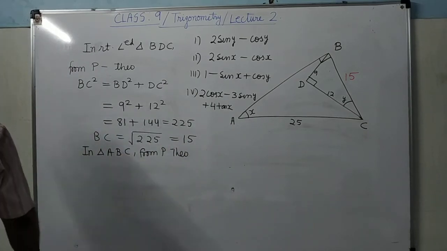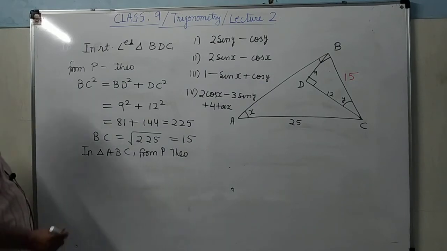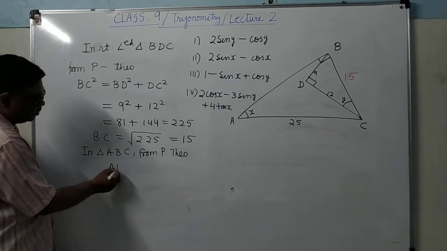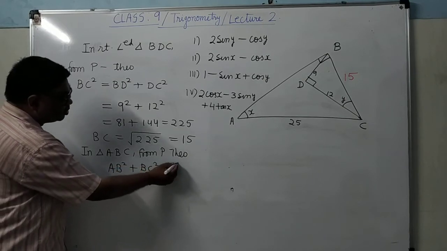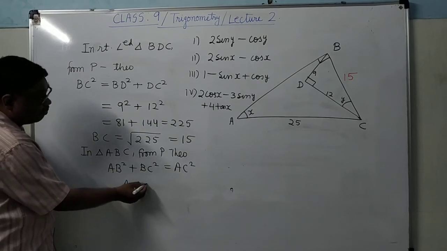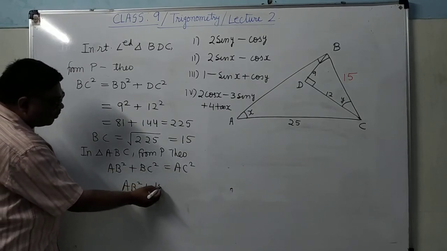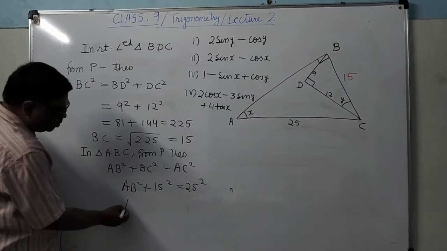AB square plus BC square equals AC square. That is AB square plus 15 square equals 25 square.